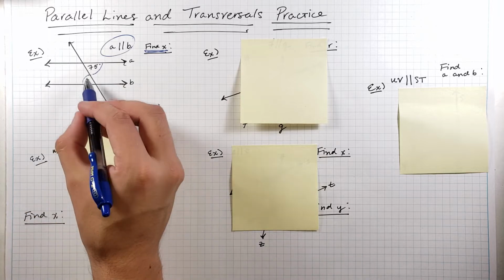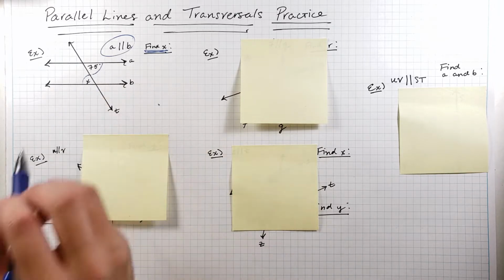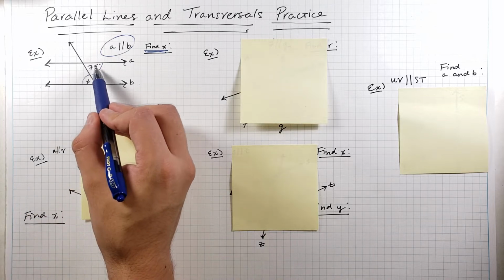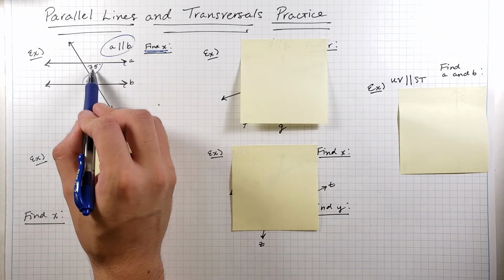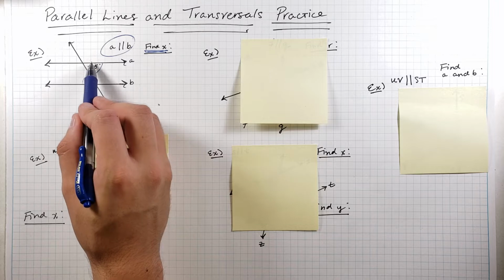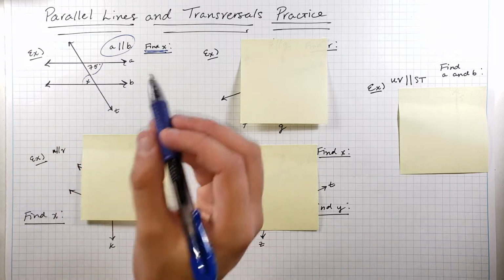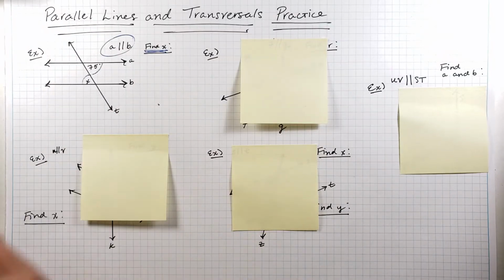So they're alternate interior angles, and alternate interior angles are congruent. So that means the value for X and this angle are the same. So it's very easy to find X here.